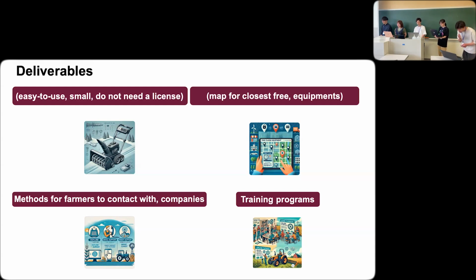Clear communication methods with the company via phone, email, and online platforms will ensure farmers get quick support. A training program will teach farmers how to use the equipment confidently through practical, easy-to-understand content, workshops and online tutorials, continuous support, and a network for sharing experiences that will promote the sustainable use of technology.